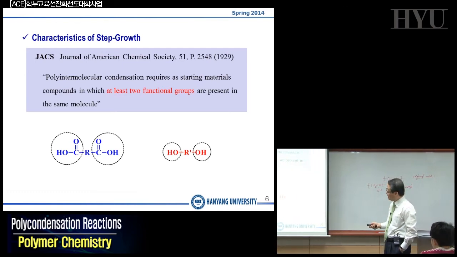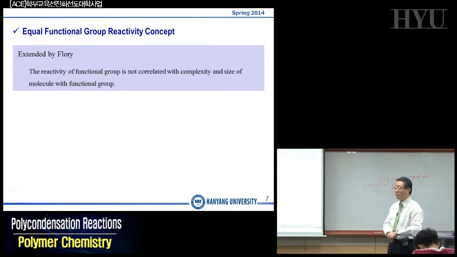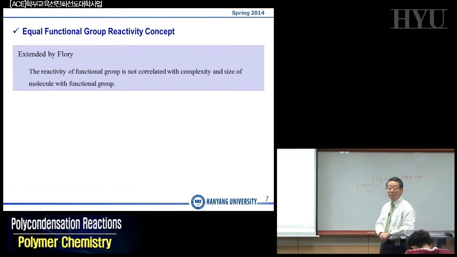But anyway, what Carothers was emphasizing was that at the time, polycondensation requires at least 2 functional groups in one monomer in order for these monomers to become polymer. And this concept was extended by Paul J. Flory.